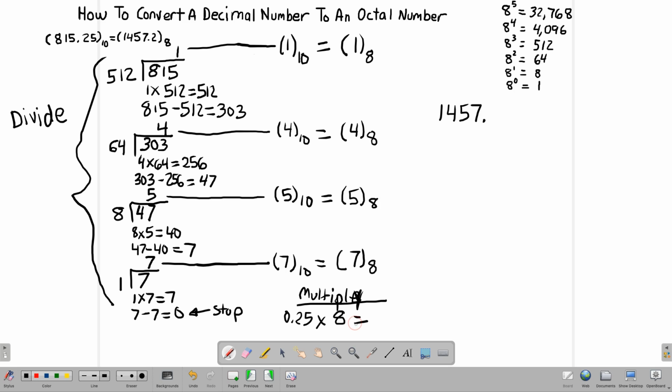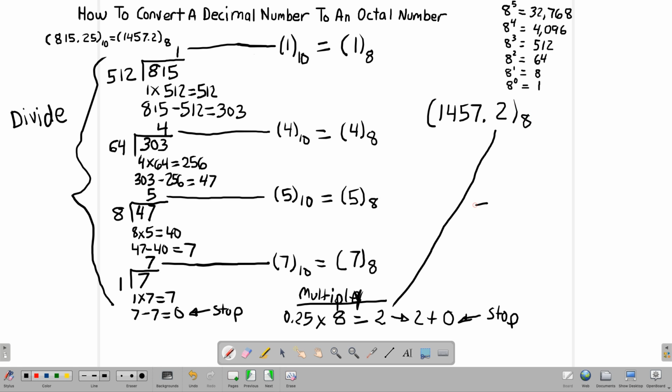So we have 0.25 times 8. It produces a value of 2. The same 2 can also be represented as 2 plus 0. And this indicates a stop, so we do not have to multiply anymore. This same 2 is represented here, and thus this indicates the octal digit that we were trying to show.